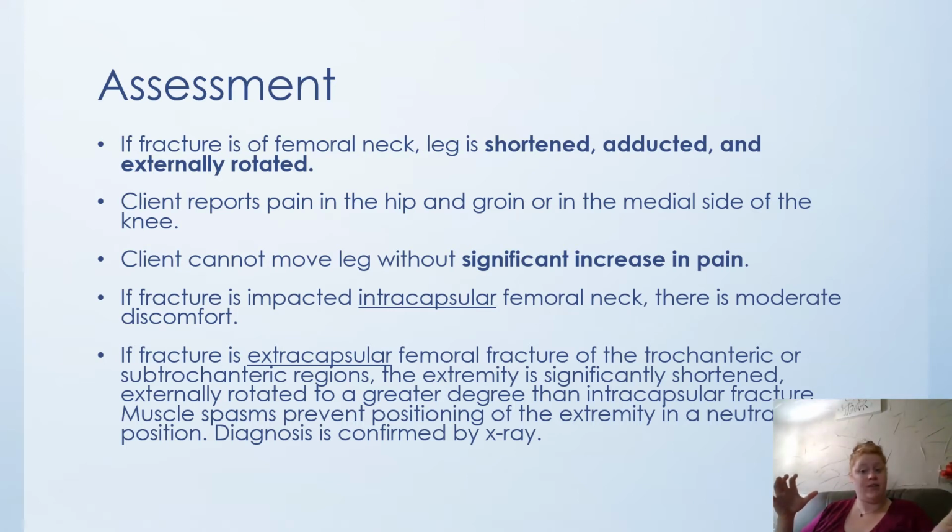So even if we try to move it back, it's going to spasm out, or the muscle is going to be so tight we can't move it. And this is confirmed by x-ray. All these are confirmed by x-ray because although we can figure out kind of what's going on, we need x-ray to confirm so we can make a sound plan of care for the patient.